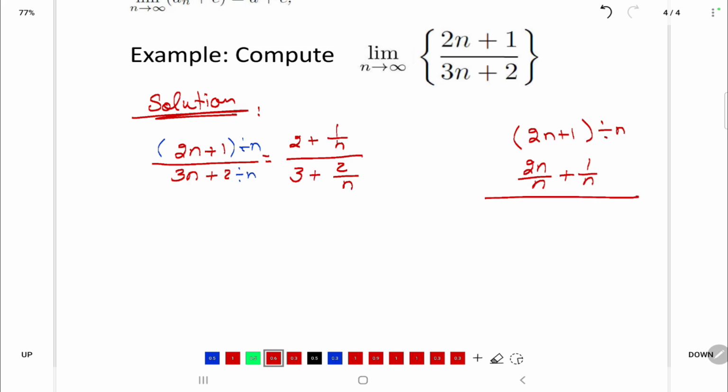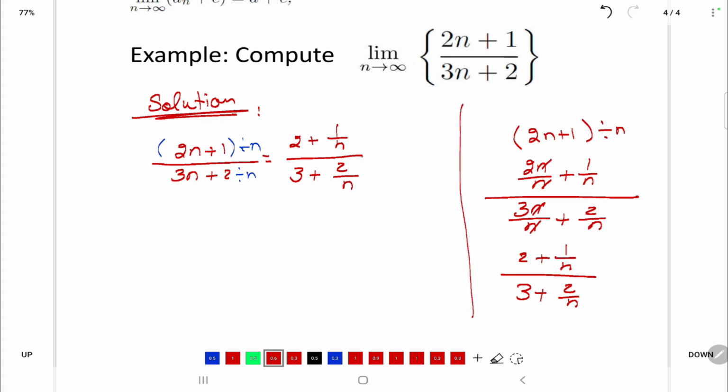Okay, the same thing for the denominator. It will be 3n over n plus 2 over n. The n cancels, so it will be 2 plus 1 over n over 3 plus 2 over n. So this is how we obtained this one.